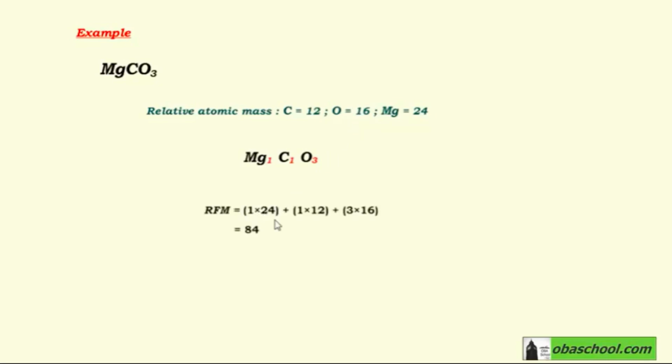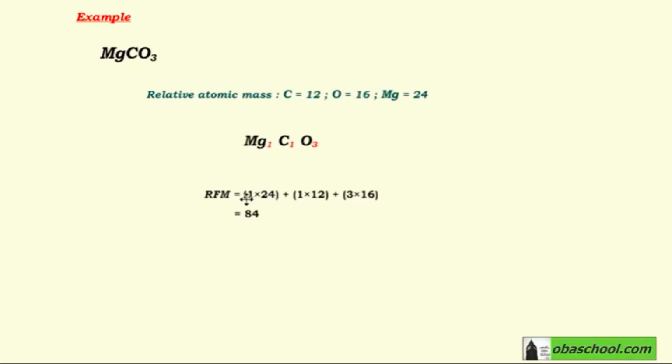So 1 times 24, which is for magnesium, plus 1 times 12, which is for carbon, plus 3 times 16, which is for oxygen, equals 84. So 84 is the relative formula mass.